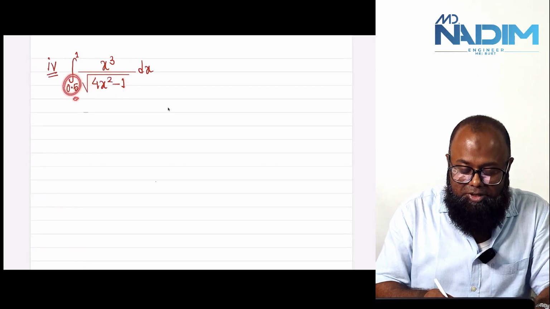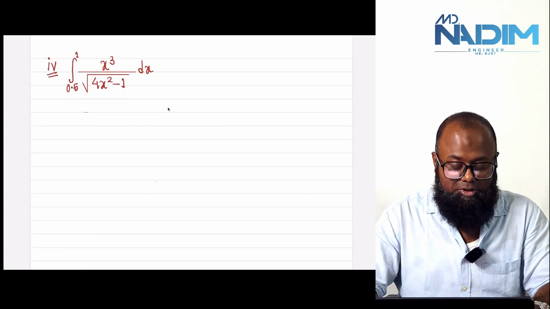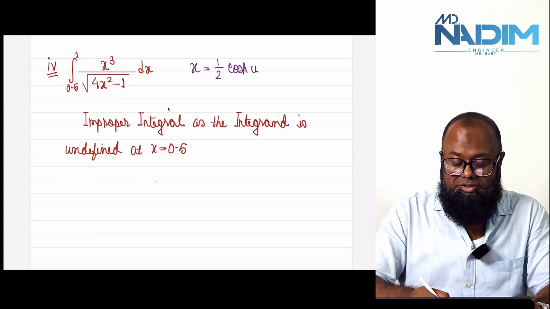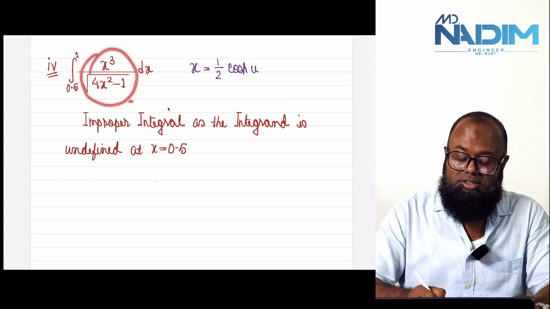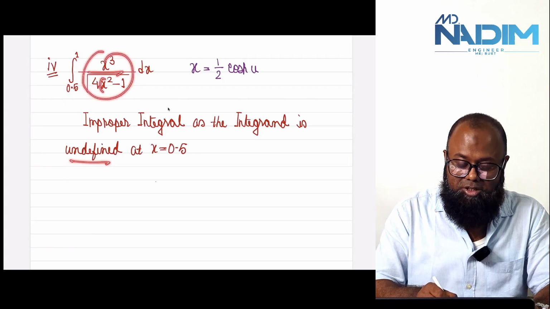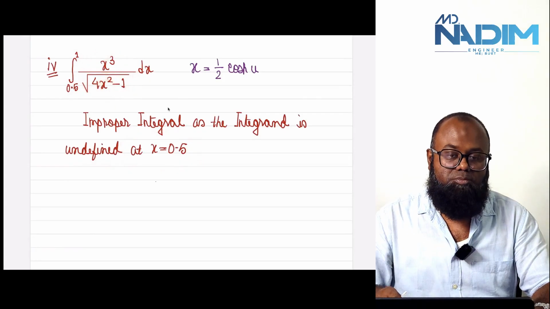If I put half here, the denominator becomes 0. So this is definitely an improper integral. It is an improper integral as the integrand, this is called the integrand, is undefined because the denominator is becoming 0 when x is equal to 0.5.